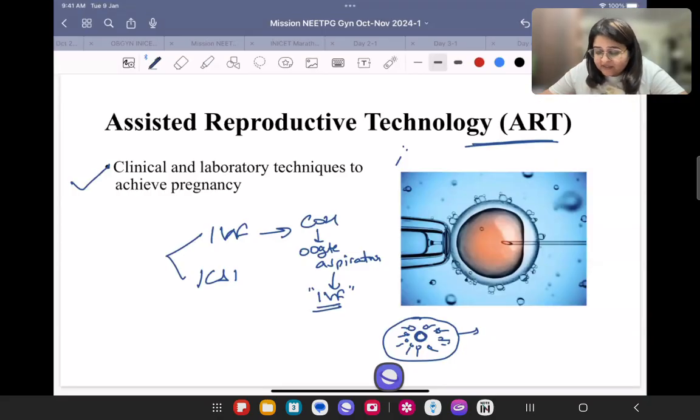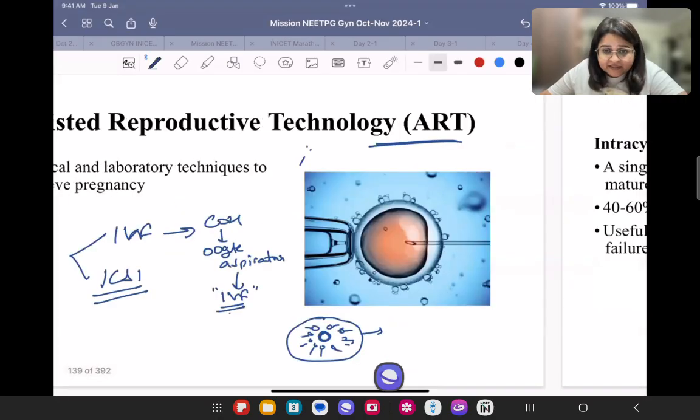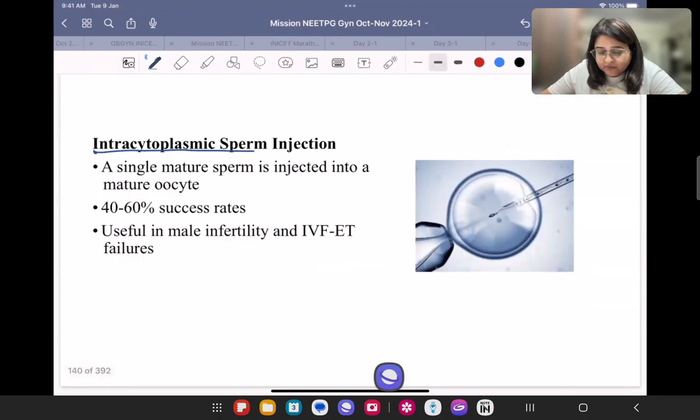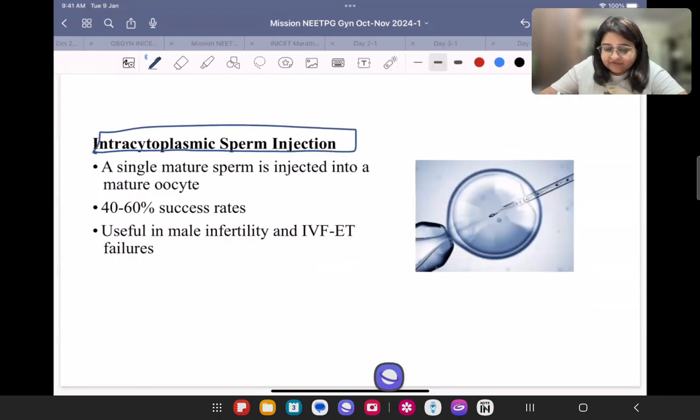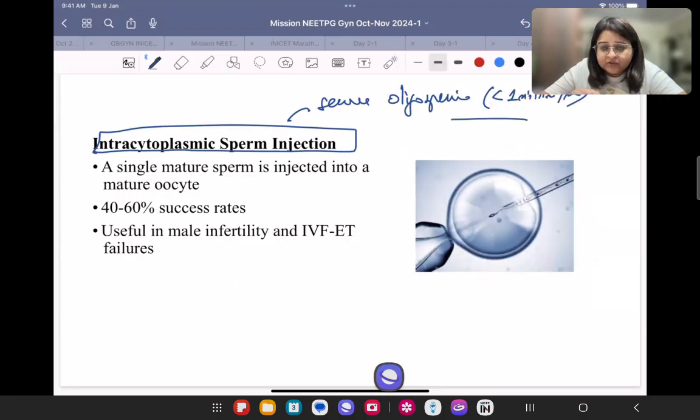But sometimes this is not done. Sometimes we do what is called ICSI. What is ICSI? ICSI is intracytoplasmic sperm injection. So if there is severe oligospermia, what do you mean by severe oligospermia? If the count is less than 1 million per ml, that is the definition of severe oligospermia. Sometimes you have only one sperm.